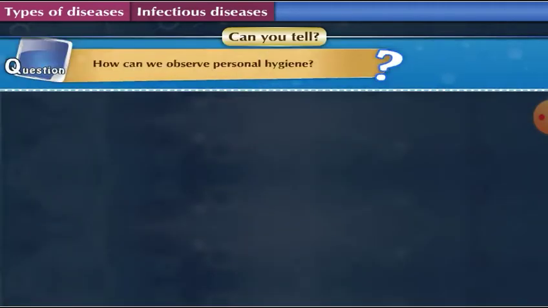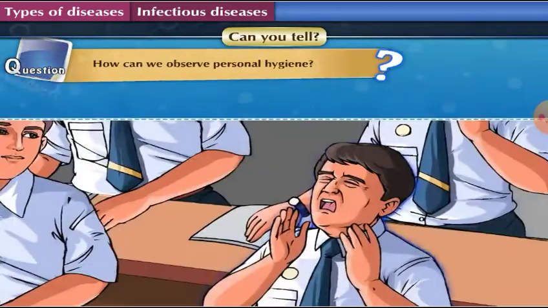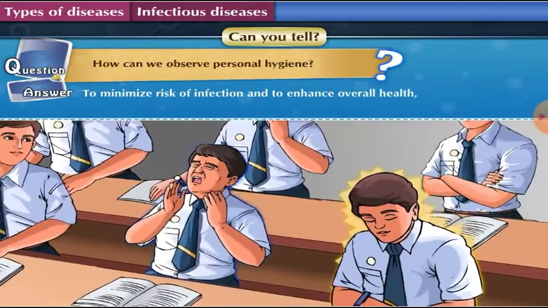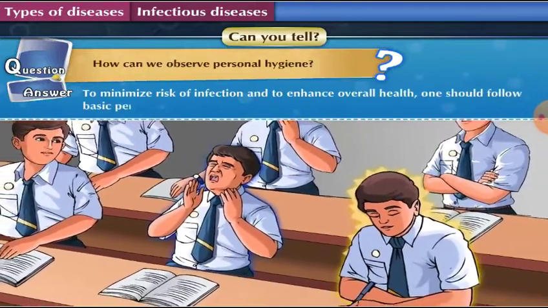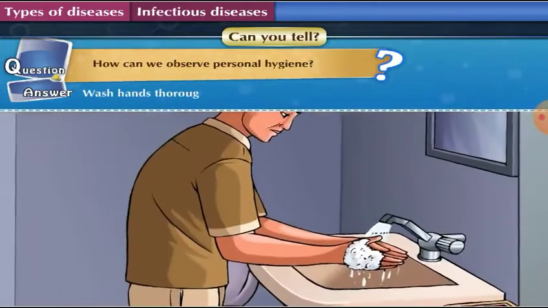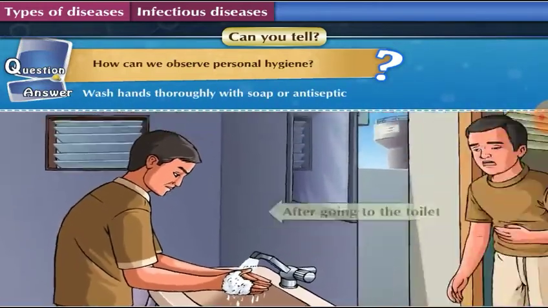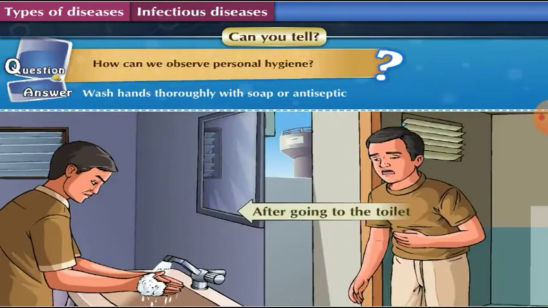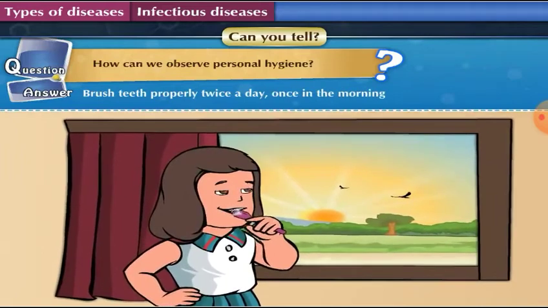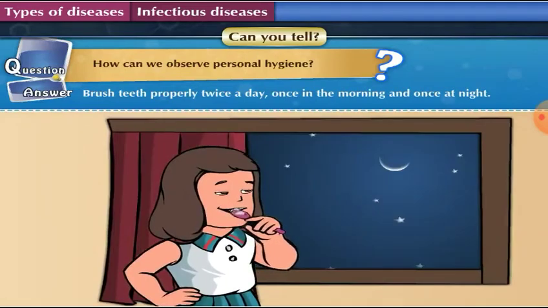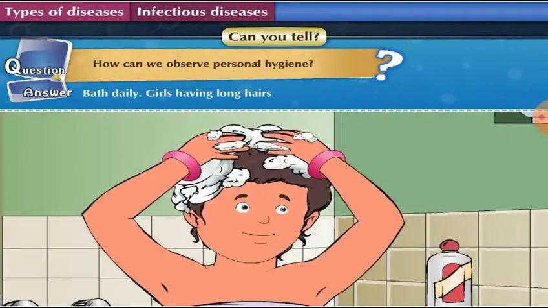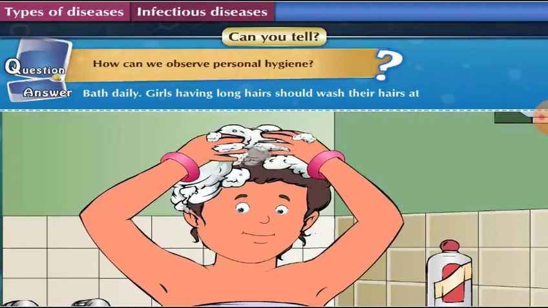How can we observe personal hygiene? To minimize risk of infection and to enhance overall health, one should follow basic personal hygiene habits like washing hands thoroughly with soap or antiseptic after going to the toilet. Brush teeth properly twice a day, once in the morning and once at night. Bathe daily. Girls having long hair should wash their hair at least once a week.